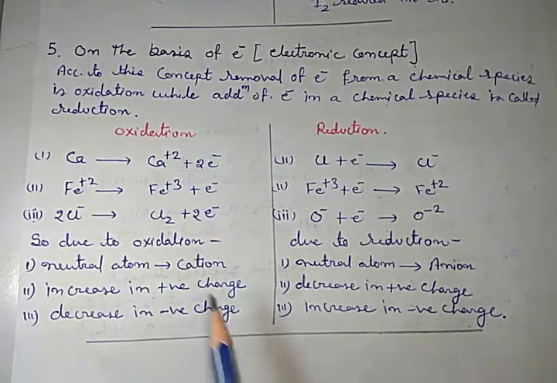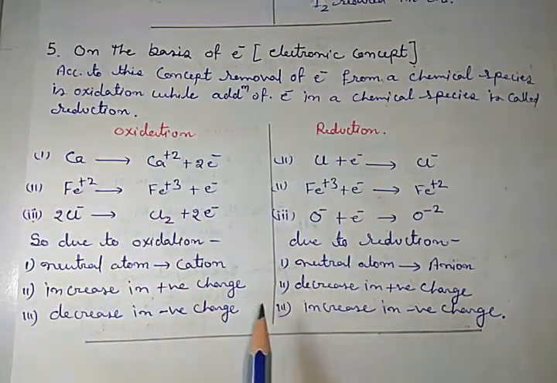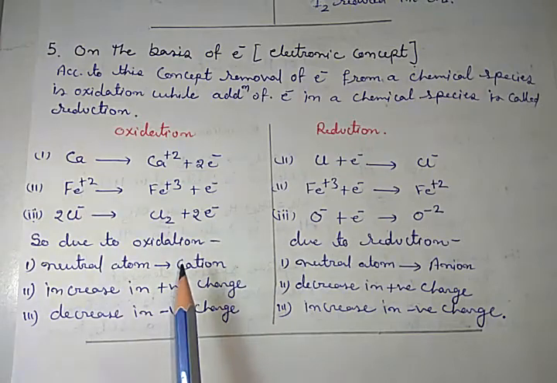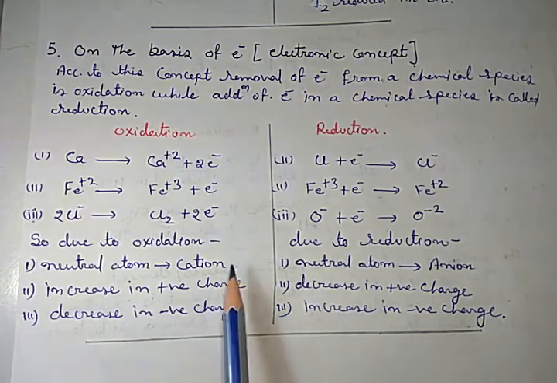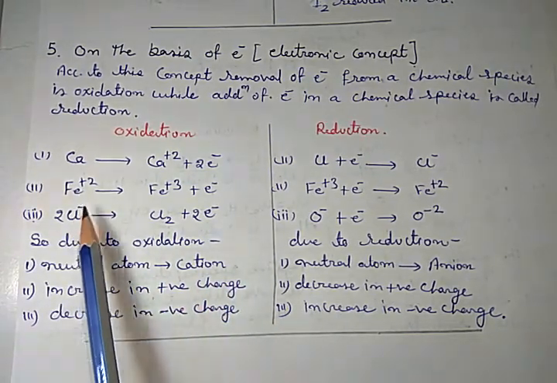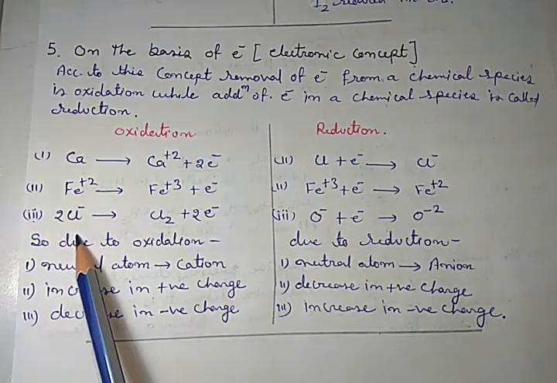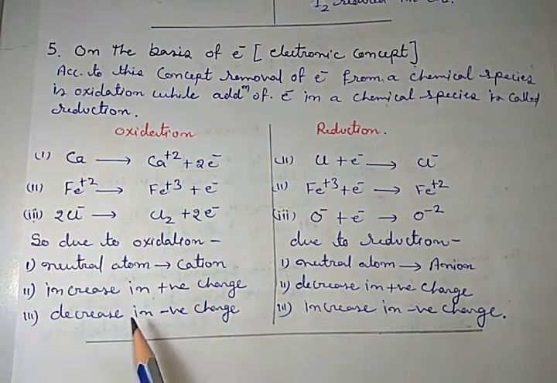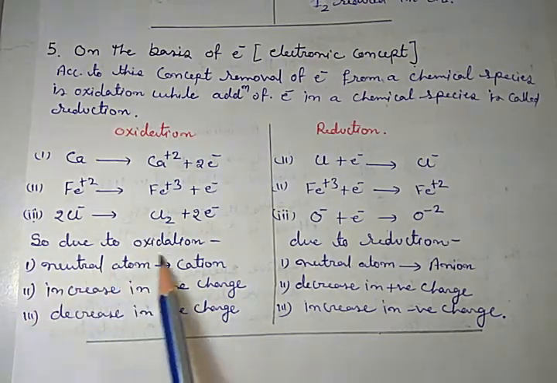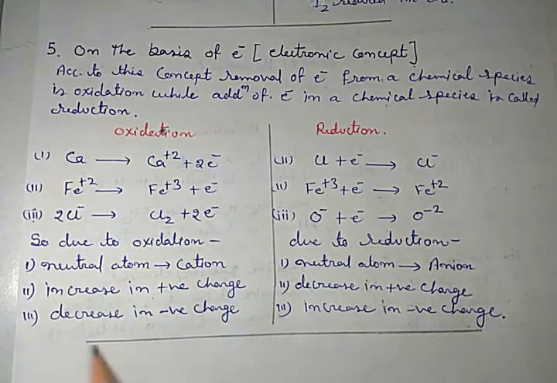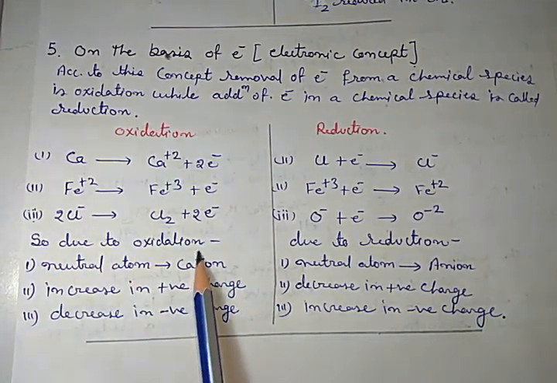So we can say that in oxidation, if it is a neutral atom, then it converts into a cation. If it is a cation, then there is an increase in positive charge, and if it is an anion, then there is a decrease in negative charge. That means these three conditions are due to oxidation.